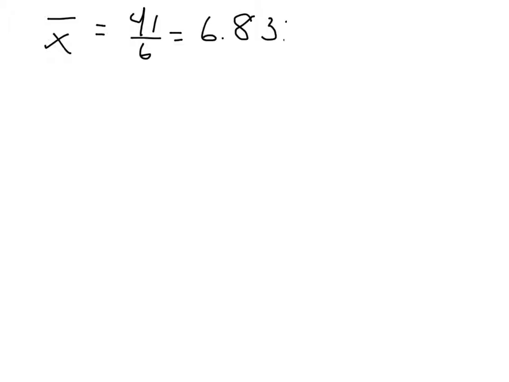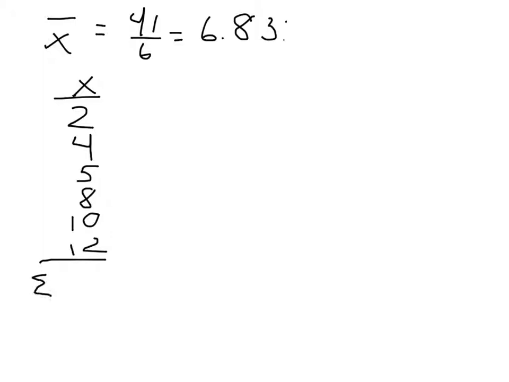Okay, fair enough. Now, I can also get the summation of the x's squared. So let's set out some columns and look at this. I'm going to put these in order. It doesn't really matter, but I'm going to order them because that's what we had. 2, 4, 5, 8, 10, and 12. And that represents the summation of the x's. That's your 41. Then you're going to have a column called the x squared column.